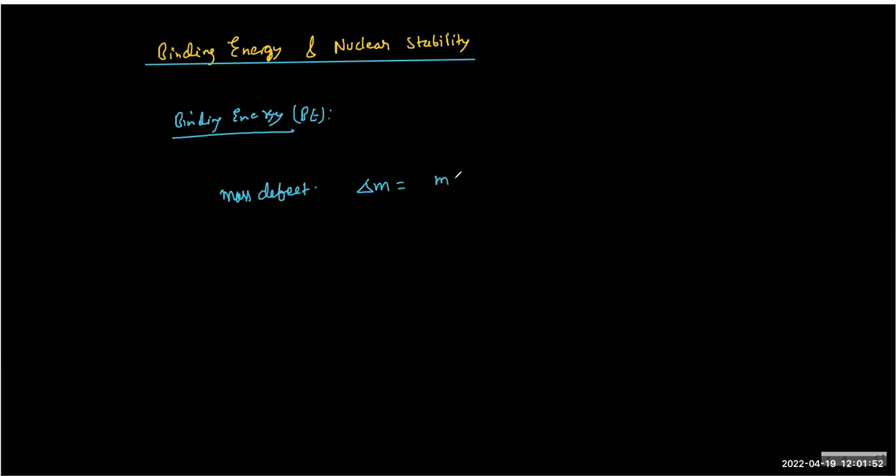So mass defect is the mass of constituent particles minus the mass of the nucleus formed.